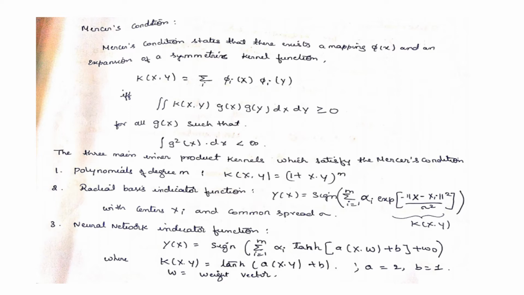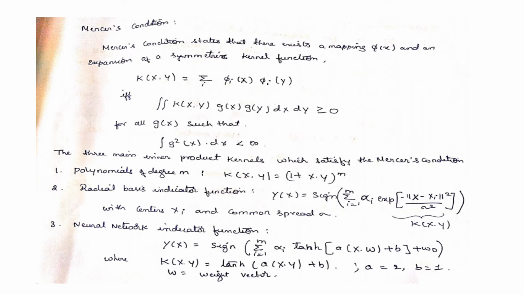So if the sum of the product of this is positive for all g of x, where g of x is such that the integral of g square of x dx is a finite value, then we can have inner product kernels which satisfy Mercer's conditions.